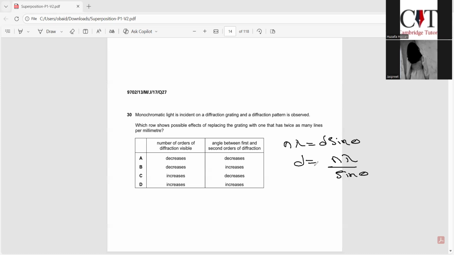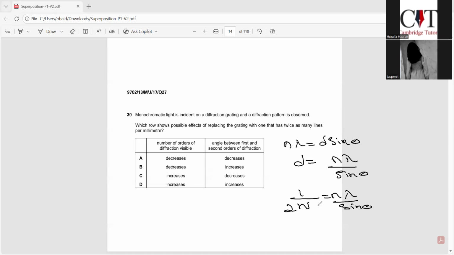Okay, so not exactly d. They are making the number of lines twice, so I have to convert d to the form 1 over n, right? Now you can say they are making this n to 2n, right?